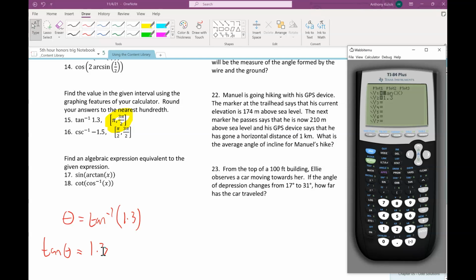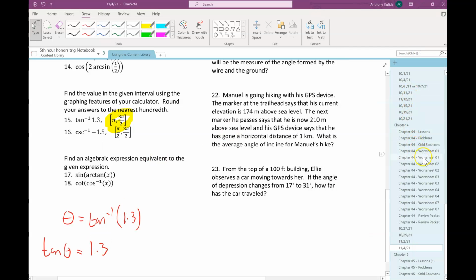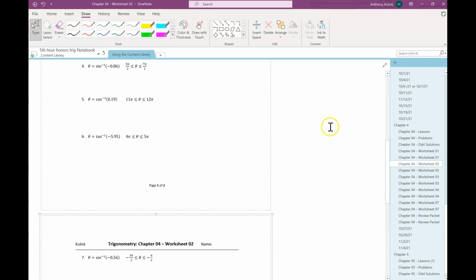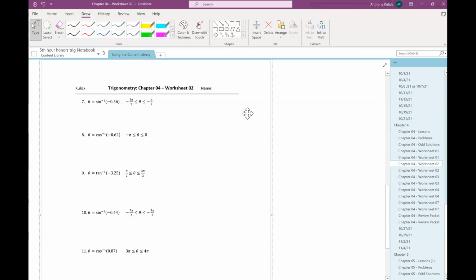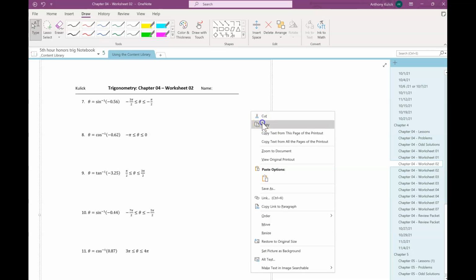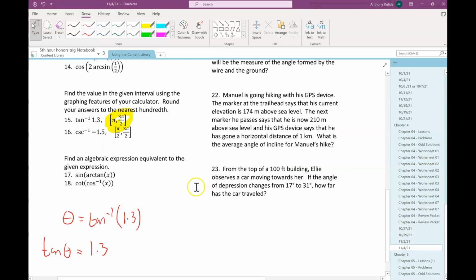Grace. Which worksheet? 2, number 5, you say? Okay. You're a little muffled, so I want to make sure.